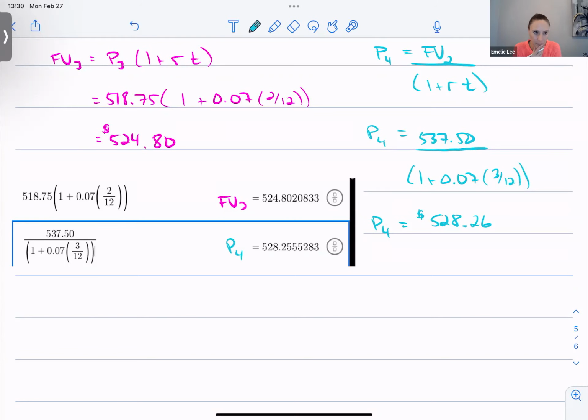Rounding properly. I think I'm just checking for maybe typos, though I doubt I would see them anyways. All right. We're so close.